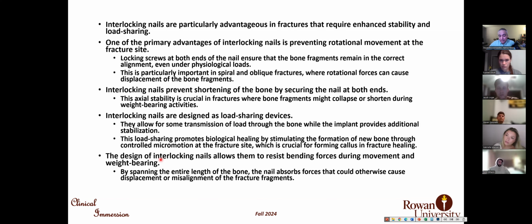And you remember, when we have load sharing between a fixation device and the bone, this is the ideal situation for us, because some part of the load is transferred through the fixation device, some part of it is transferred through the bone. And this part that is transferred through the bone helps the bone to remodel itself, because the bone needs to be under load to keep its content.